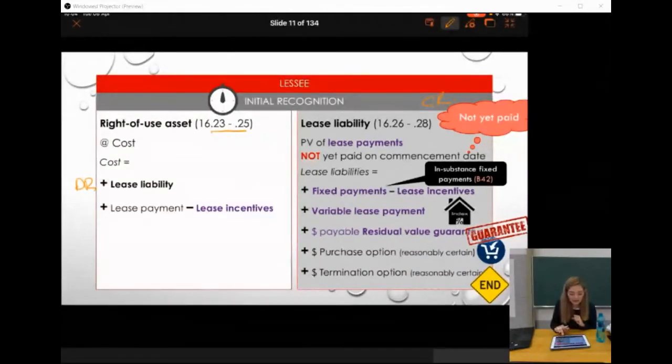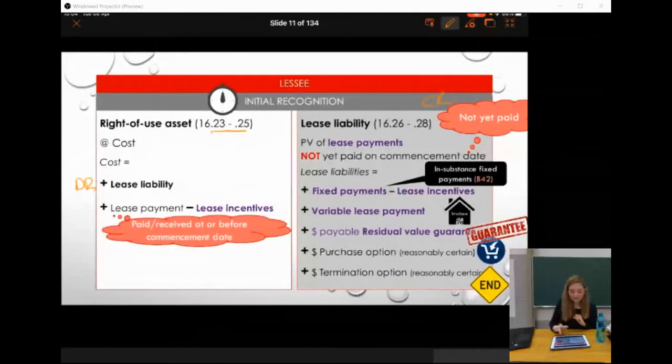But then we also have to add any lease payments, less lease incentives, that have already been paid at or before the commencement date. So this will, for example, be a deposit. If I paid a deposit, then that will be a lease payment that I've already paid. It can't be part of my lease liability because I don't owe that amount anymore. It's been paid, but it has to form part of the cost of the asset.